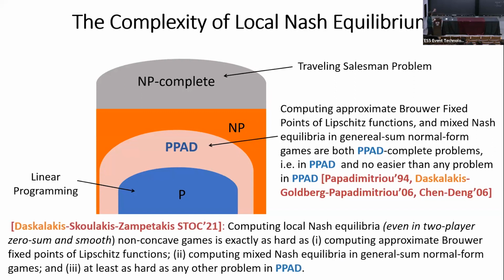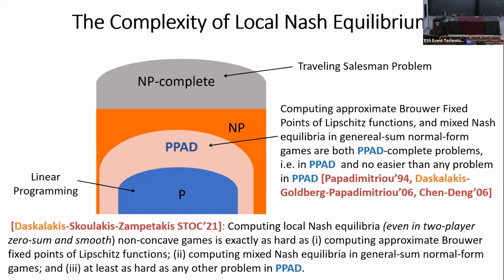So what we show basically, the result that I'm talking about today, is that in this multi-agent deep learning setting, even if you have two agents and the setting is zero sum, and even if your target is just local Nash, it's as hard as all these other problems. So it's as hard as this hard class.